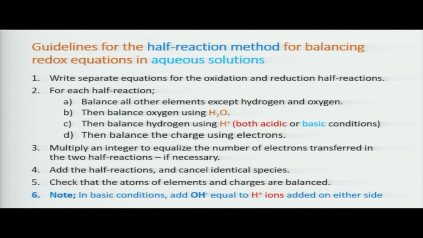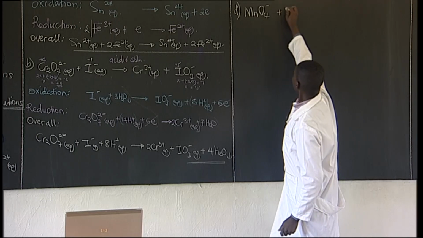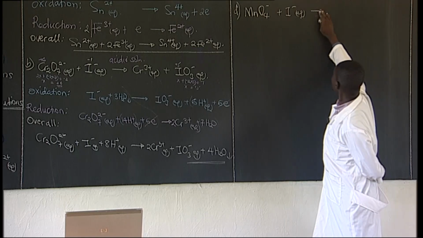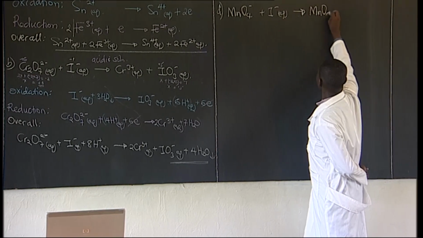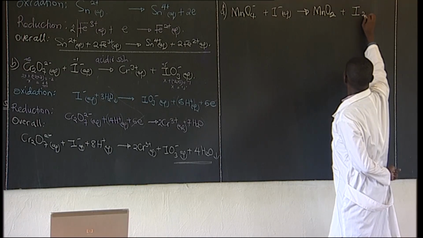Let's conclude with another example, which is basic. When we are doing the basic, that is part D. Let me quickly do D. Manganate ion plus iodine, giving us manganese 2, then plus iodine, aqueous.